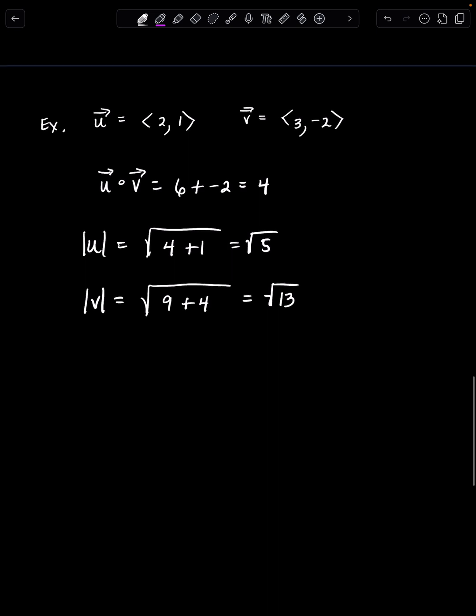All right, so to find the angle between these two vectors, we know that cosine of theta equals that dot product over the product of those magnitudes. So we've got 4 over the square root of 65.